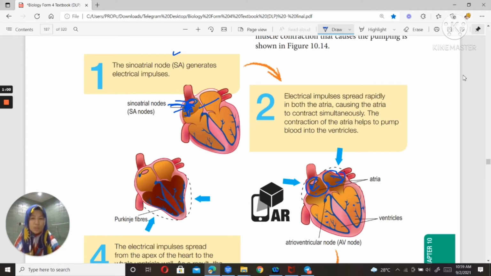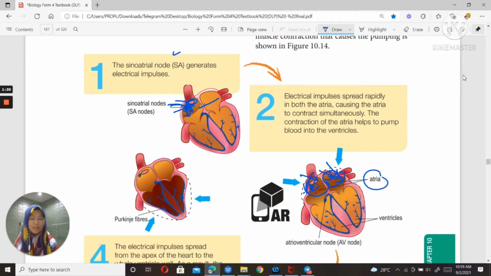So after the electrical impulse is generated, both atria, right and left atrium, will receive this electrical impulse because the electrical impulse will be spread rapidly in both atria. So maklumat elektrik sekarang ni diterima oleh kedua-dua bahagian atrium.